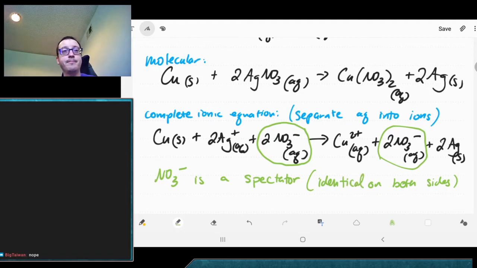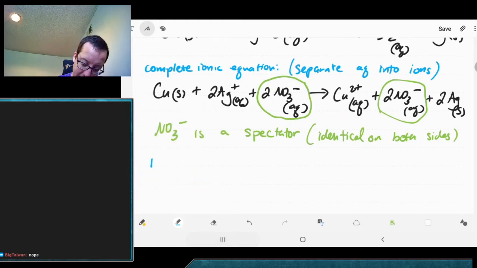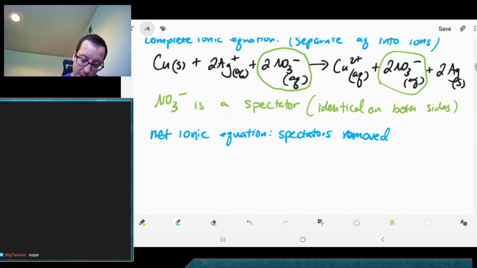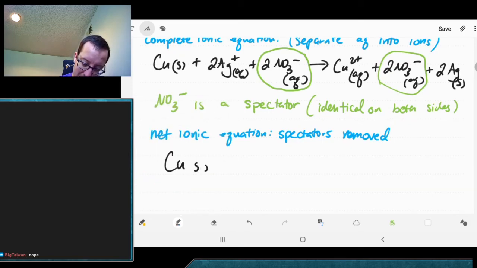Identical. And then we'll see that the net ionic equation is just whatever is left over. So we just get rid of the spectators, and we just put everything else that's still left over.